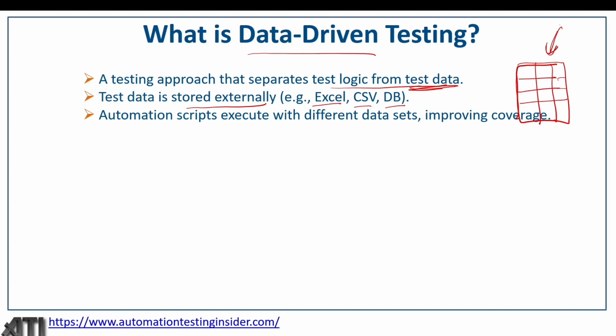How can we achieve that? By passing different data sets to the script. That is the main idea behind data-driven testing. The name itself says it, data-driven: based on different data sets, we are going to execute our script. So this is a brief about data-driven testing.